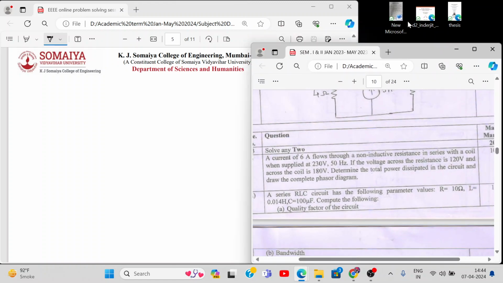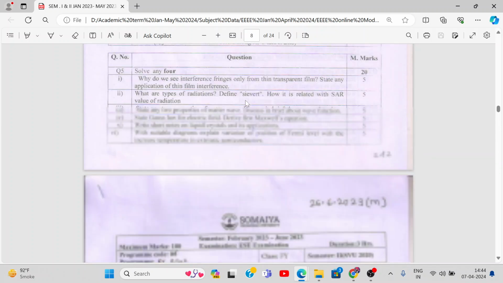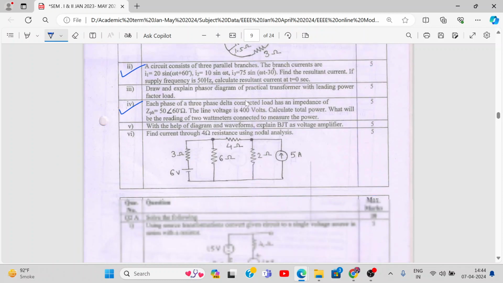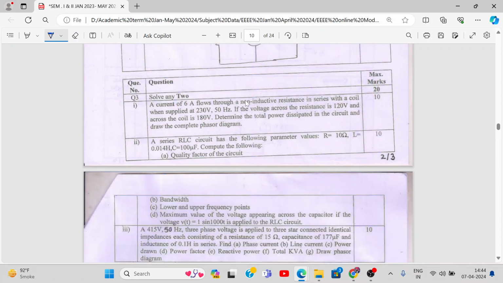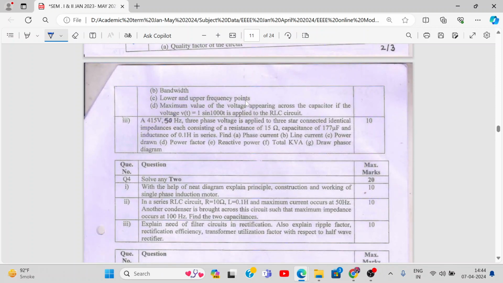See, I'll tell you how many numericals are pending today. I'll tick mark whatever I've solved so far. Here we have solved this one, this one. Next I propose to solve this one and this one.